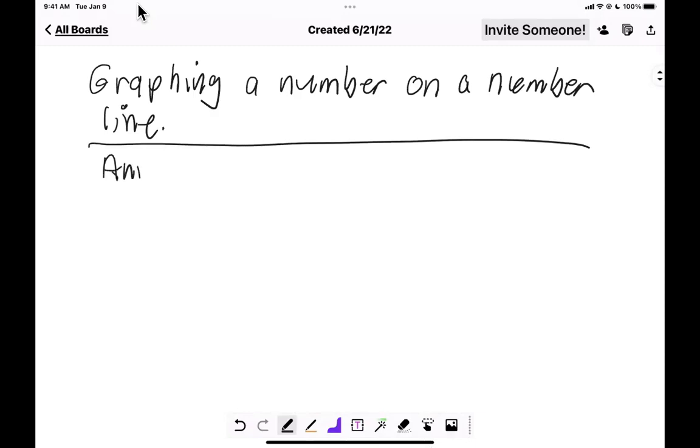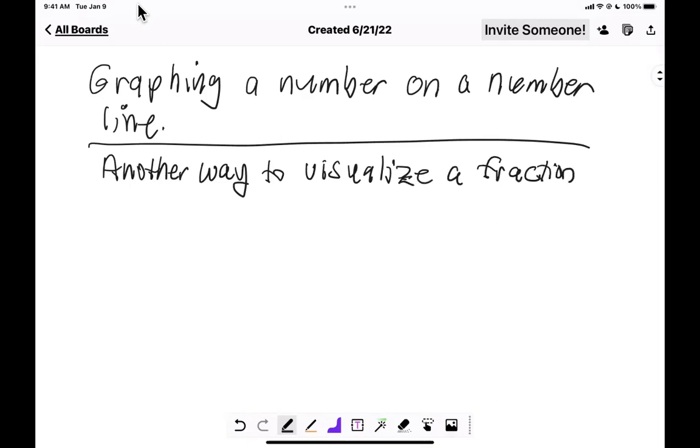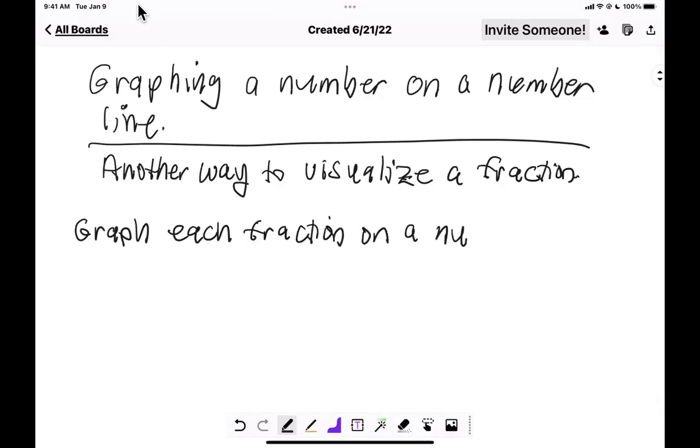Okay, I need to put my directions first for all of them. So we're going to graph each fraction on a number line. We're just going to do a couple of them.